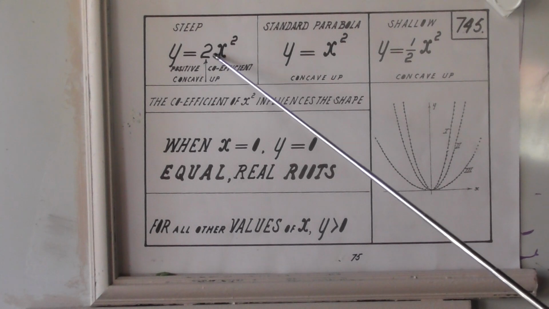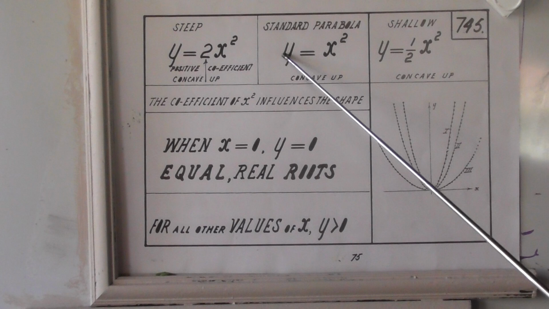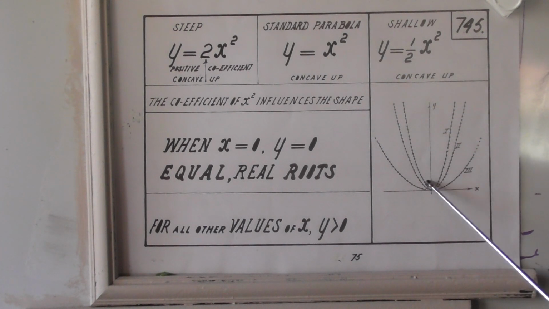If x is not, y is not. They all have the axis, which is actually the y line.